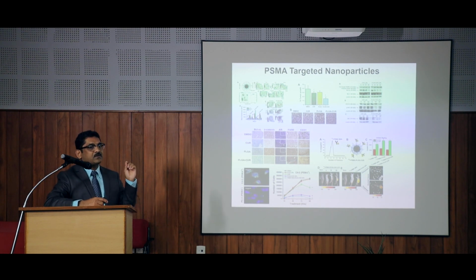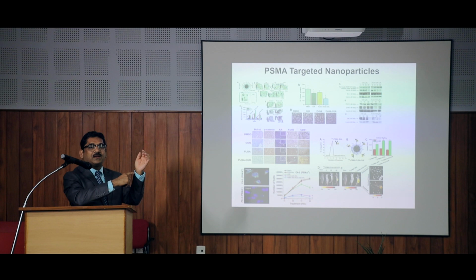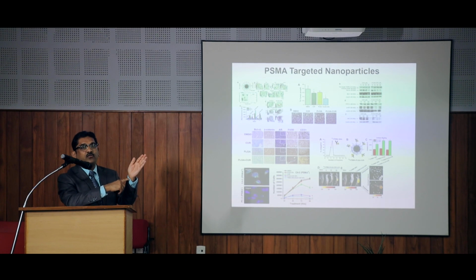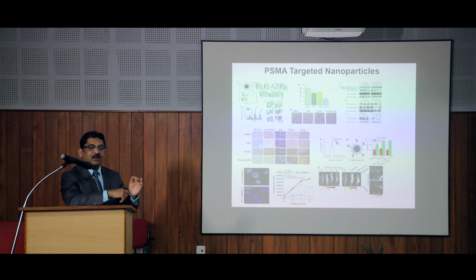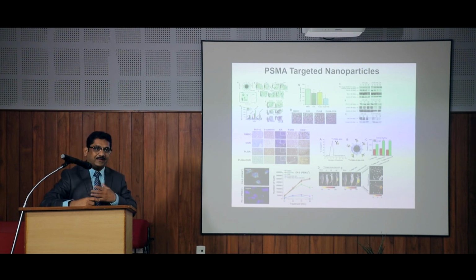And you can also remember that PSMA-based imaging technology is already approved by the FDA. It means they take the PSMA antibody and conjugate it with either radioactive molecules or a fluorescence tag. When they inject it, it will go and bind to the tumor cells wherever they are in the body.